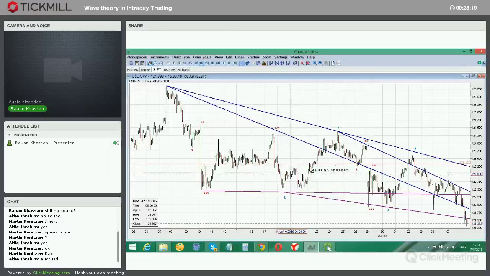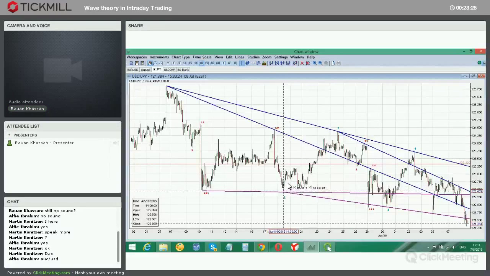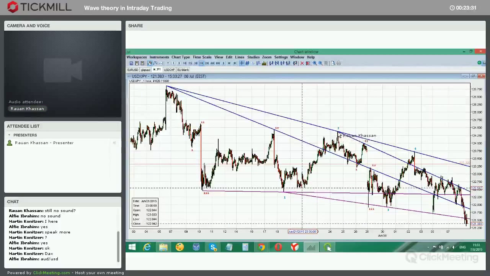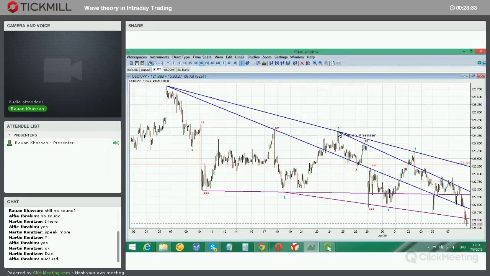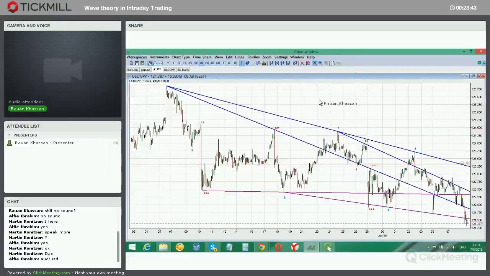The correction trend, the second wave, has taken the form of 3 parts. This is part A, then part B, and here it finishes at point 124.35, which marks the top of wave 2 and the start of wave 3.